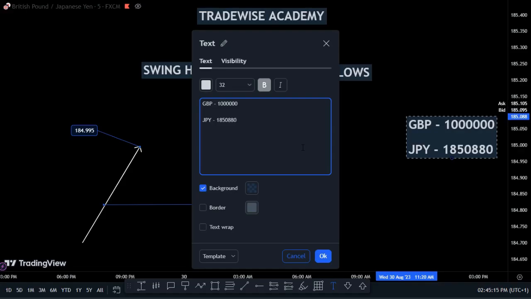Let's hit up the commas so it's easier to understand. This is what they should be able to afford if they have £1 million.